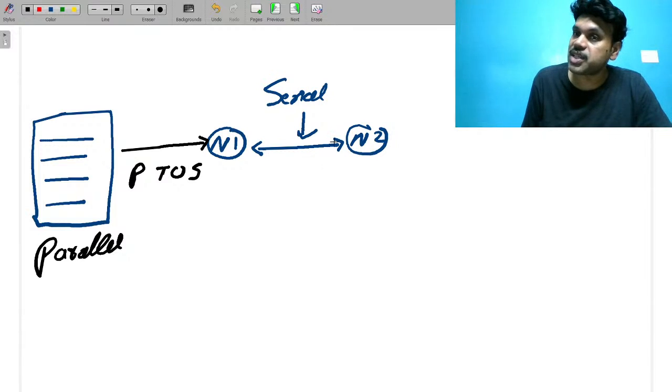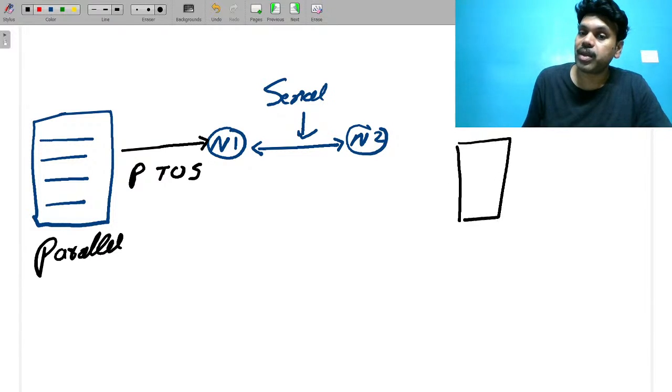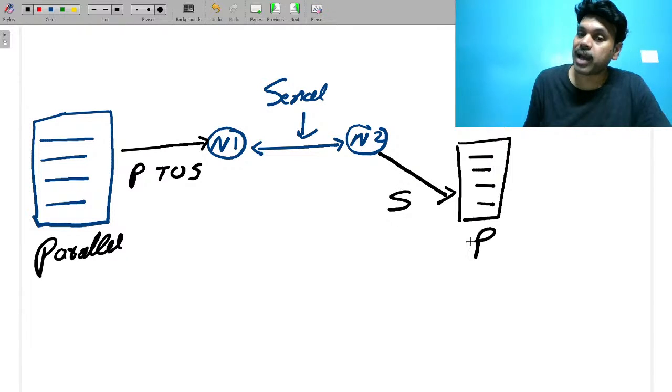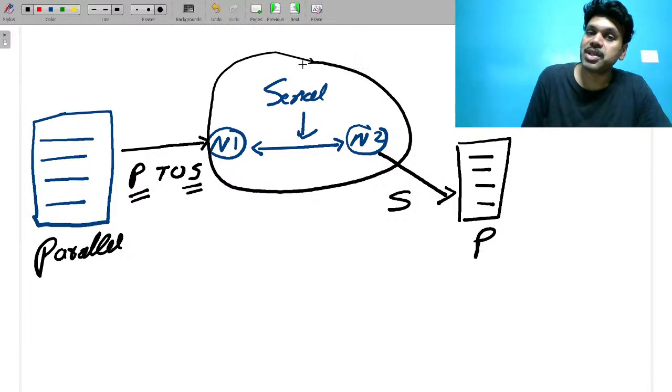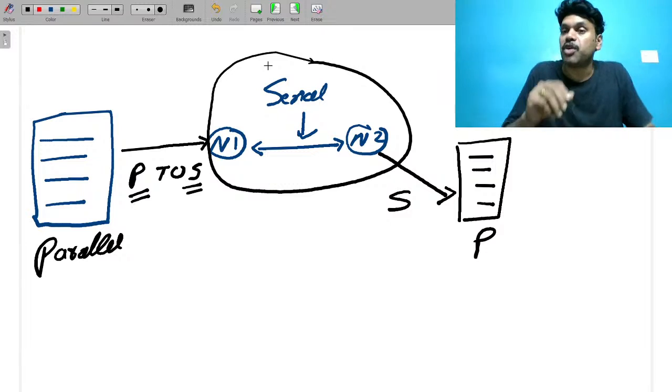So we receive serial but want to hand over the data in parallel. Therefore there is a requirement of demuxing, one more converter that puts your data from serial to parallel. Here I am doing a conversion from parallel to serial, and the data transmission between two nodes is in the form of serial only.